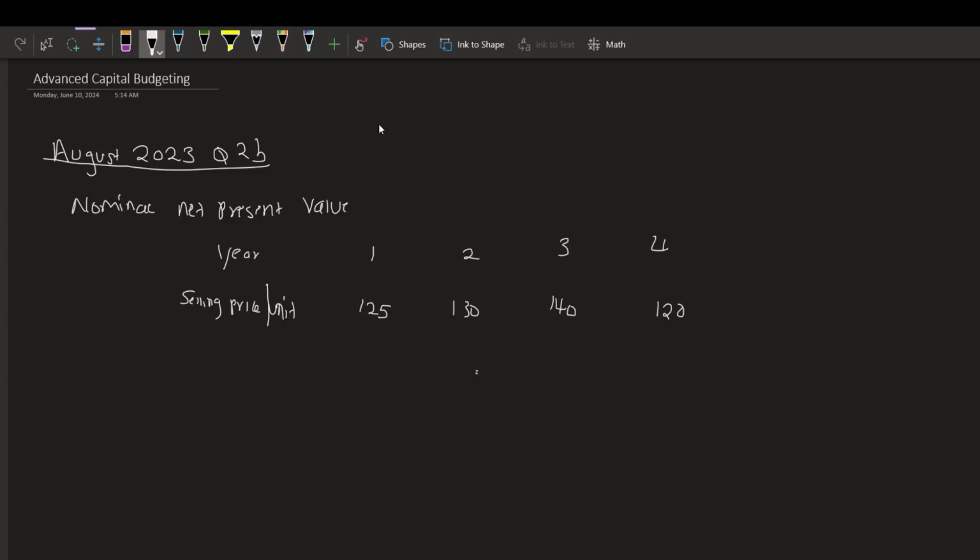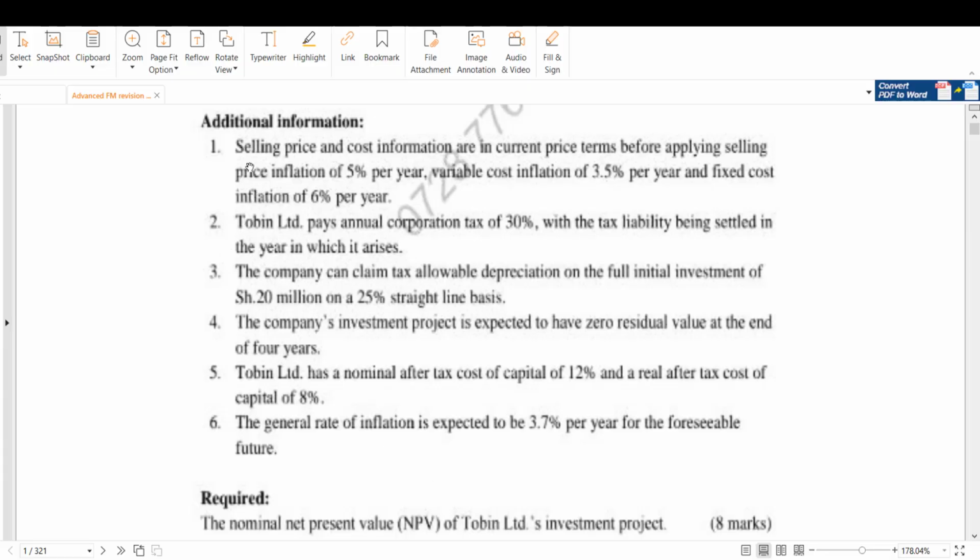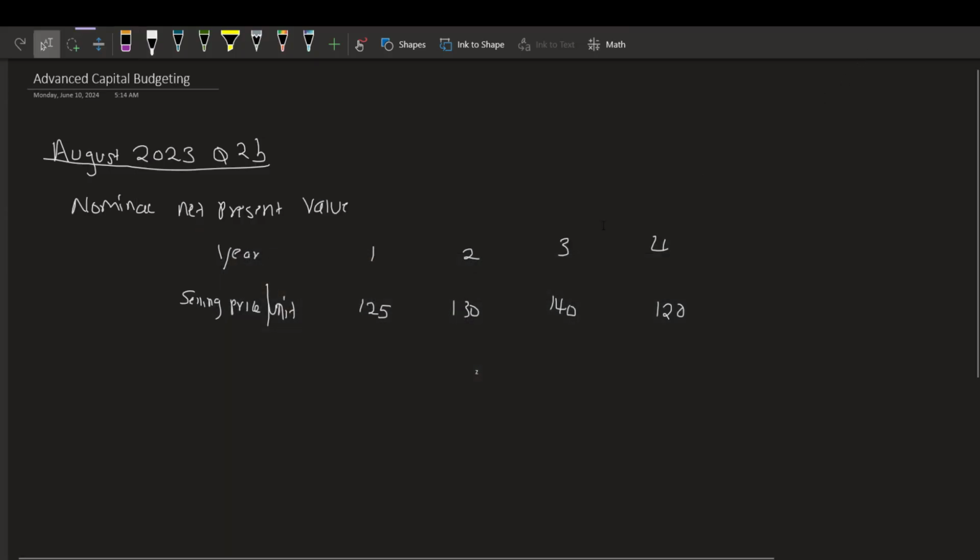And then from there, back at the question, we are told that the selling price and the cost inflation are in current price terms. So all these are in current terms. They have not been inflated for each of these years. So the selling price inflation is at 5%. Let's go ahead and work that one out.